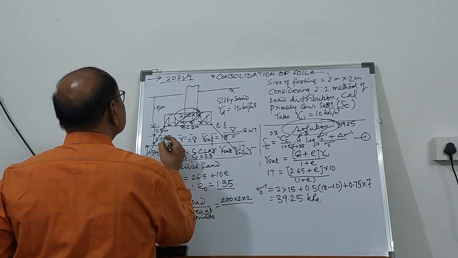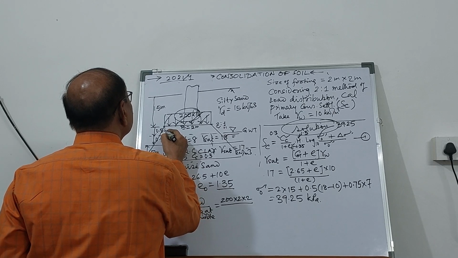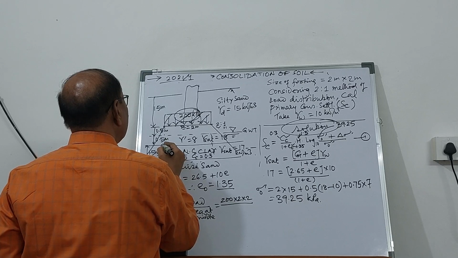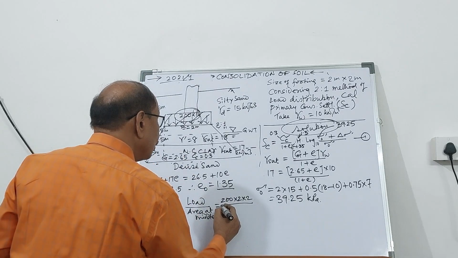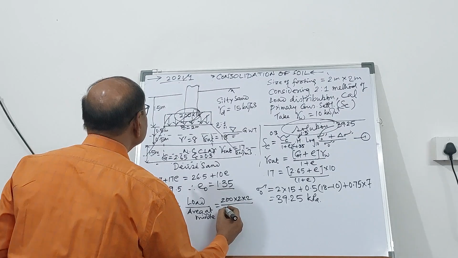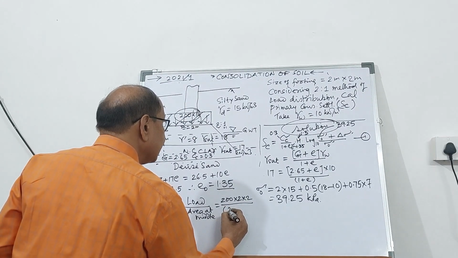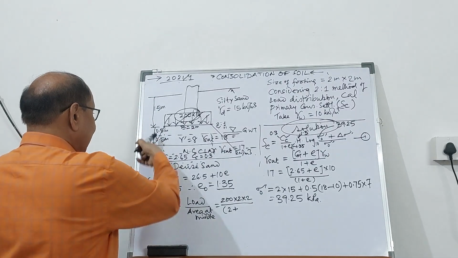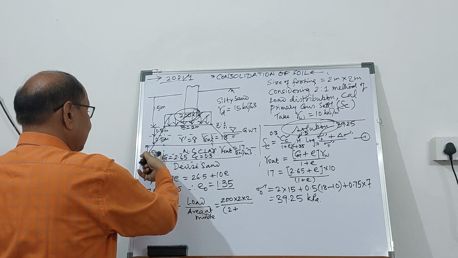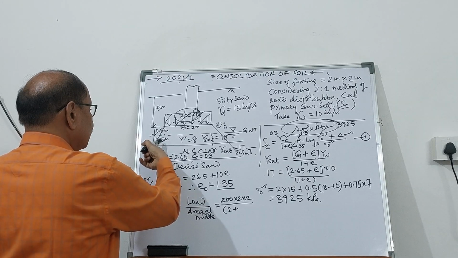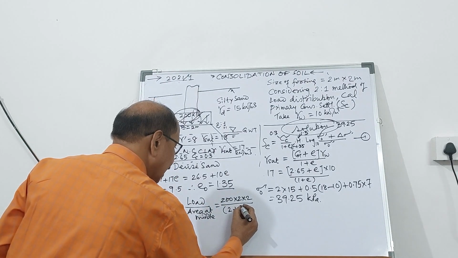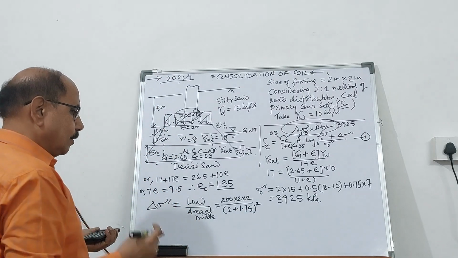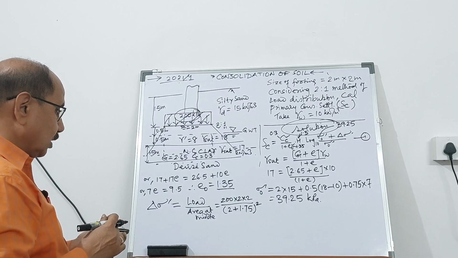So, what is the distance? It is going to be 0.5 plus 1.5, so 1.75. At 1.75, it will be B, that is 2 meter, plus what is below the base? The load is going to spread, so it is going to be 1.75.